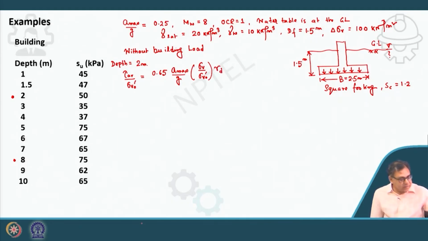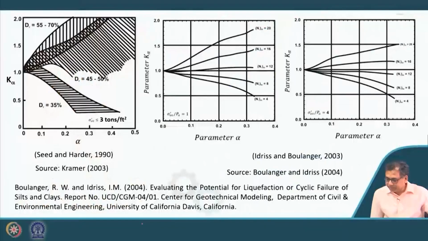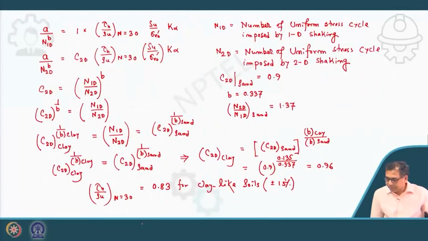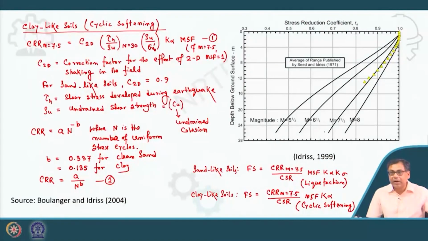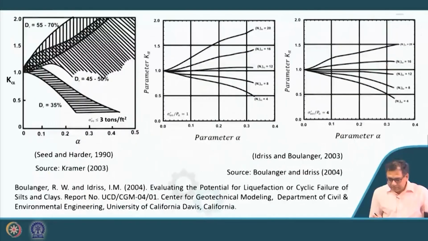So I will use this RD chart, for m equal to 8. At 0.2 you can see it is 1, and at 0.8 it is around 0.95. So the RD value for 8 is 0.95, and we will use that for all the cases.